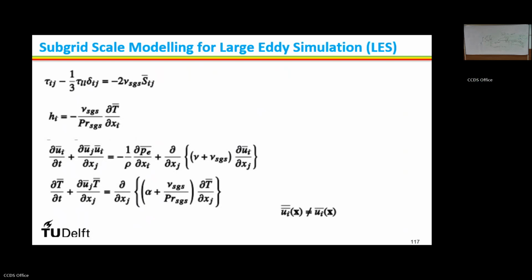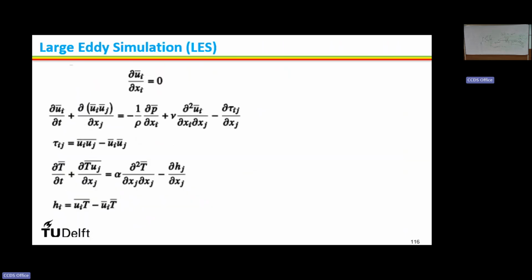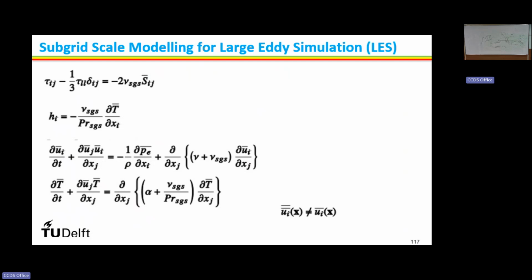Clear? Similarly, this is my thermal diffusivity, and this is my turbulent diffusivity because of the subgrid scale heat transport. Clear? So after putting this expression back into the governing equation for tau_ij, we get this expression.